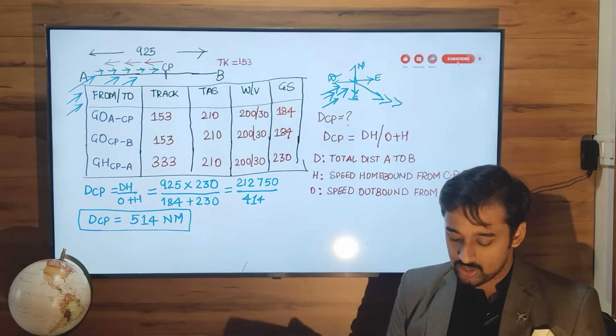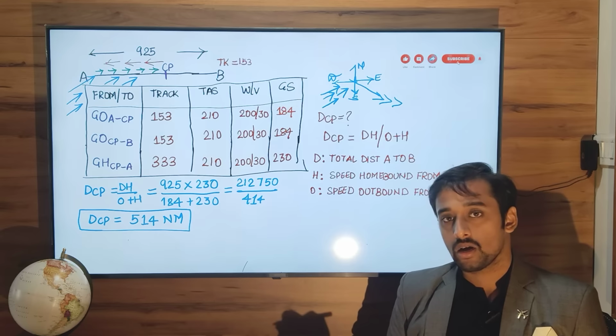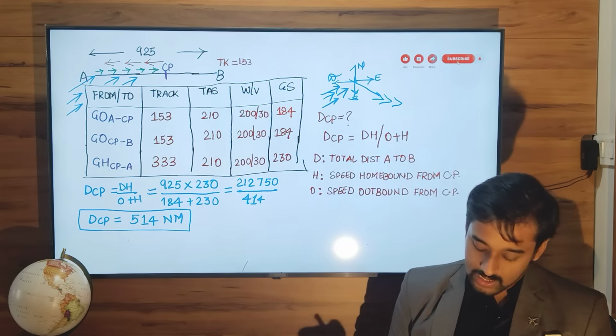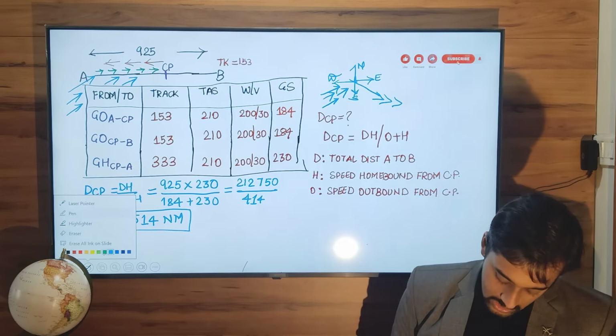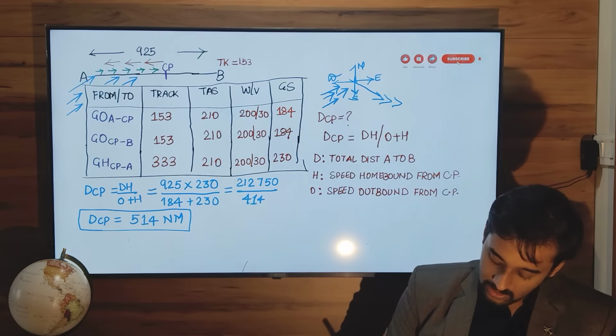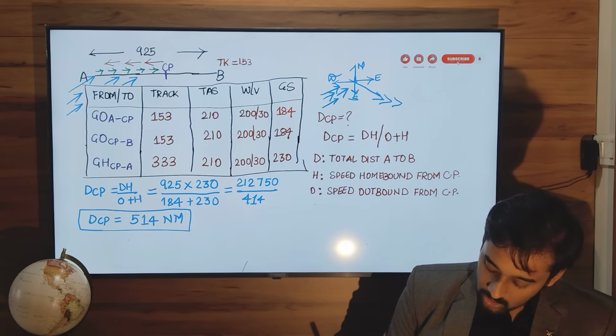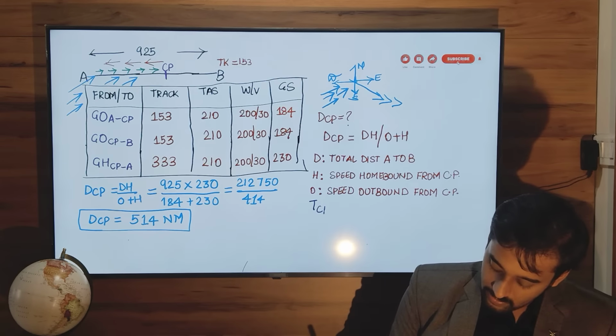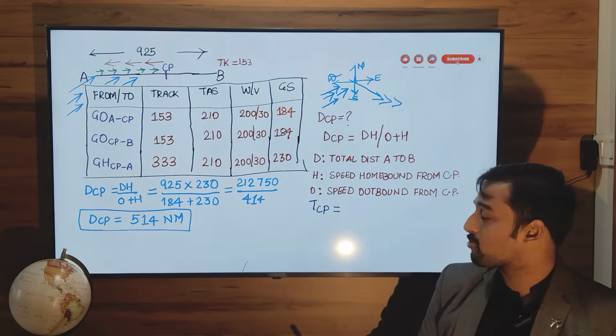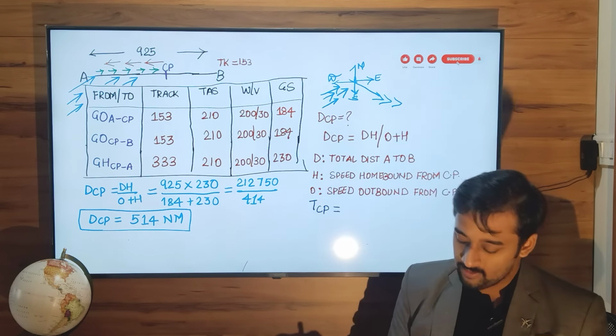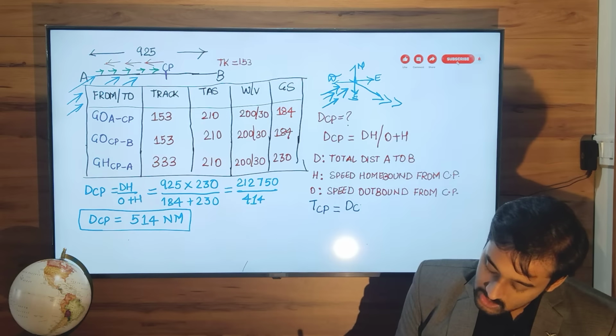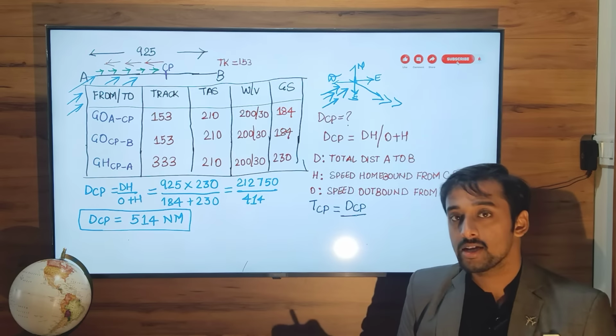Okay, so this is your answer. Next, they have asked us to find the time to critical point. Time formula is distance divided by speed, so distance to critical point divided by speed.